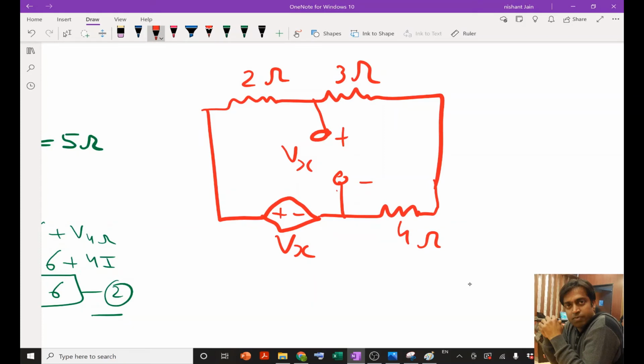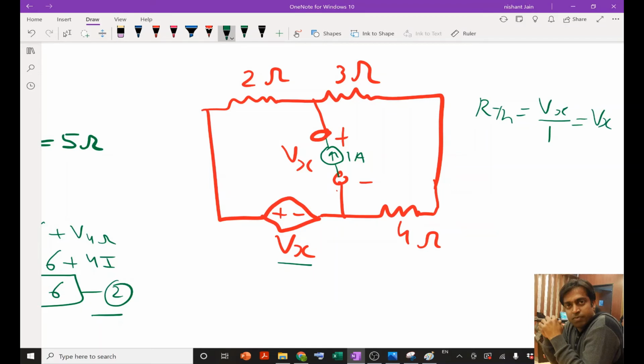Now since our circuit contains this Vx, we need to supply a current source over here. We need to put a current source and let the value of this current source be 1 ampere, so that our RTh will be equal to this Vx upon current source 1. So our RTh will be equal to Vx.